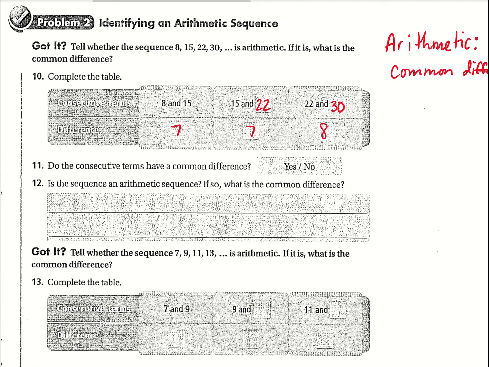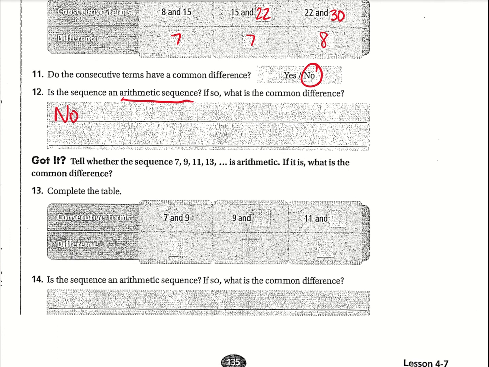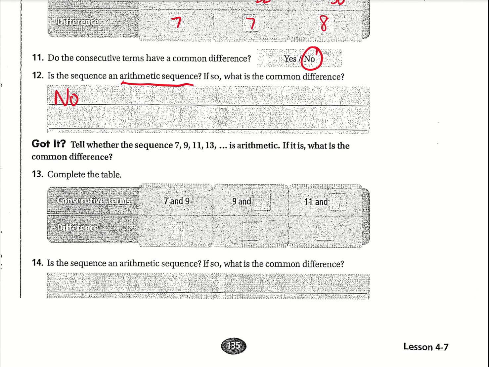It asks, do they have a common difference? That would be no, so it's not arithmetic. Go ahead and try out 13 and 14 on your own. Pause the video and we'll come back into it again.